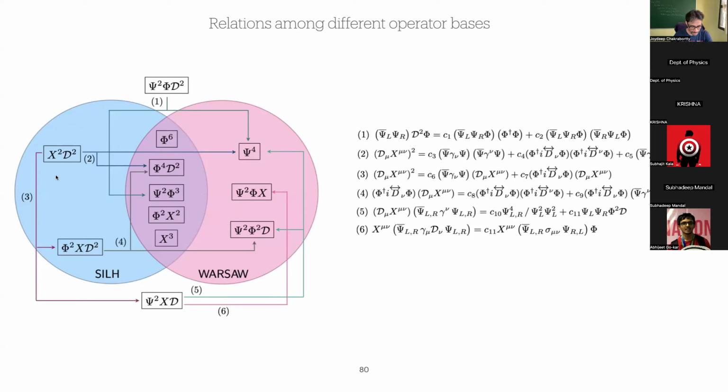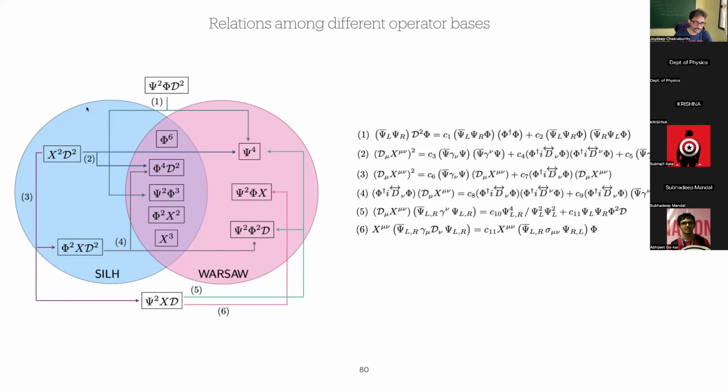Whether you talk about Higgs physics, there are a lot of observables you can design, and from the experimental point of view, some of the signatures are very prominent in terms of SILH operators compared to Warsaw. That is the reason people choose different kinds of basis, to make the impact of the operators more transparent. Otherwise everything is captured everywhere, but somewhere it is so masked that it's very difficult to extract that information.